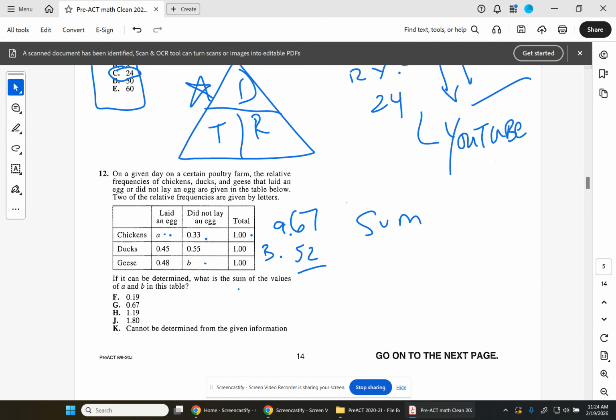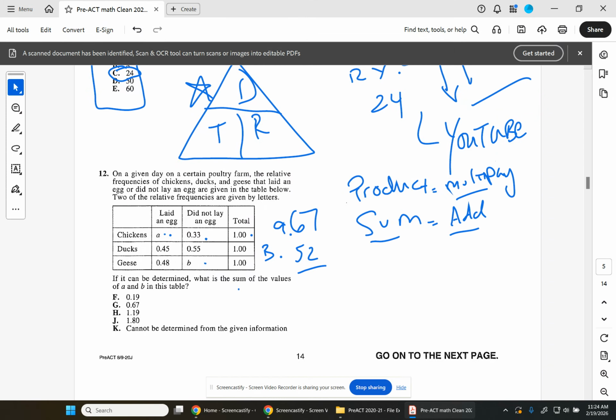When I say the word sum, your teacher may not use that word very often, but that means when this is added up, what is it? Sum. When I see the word product, that means multiply. When I see sum, that means something's got to get added.